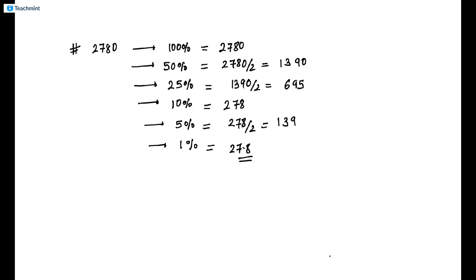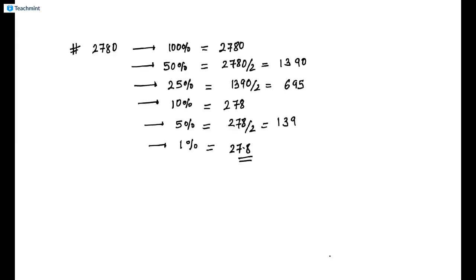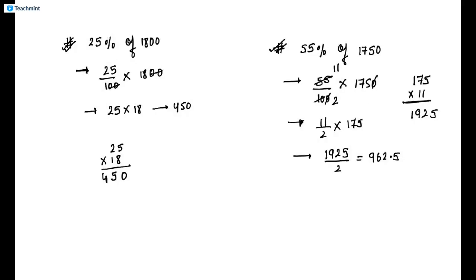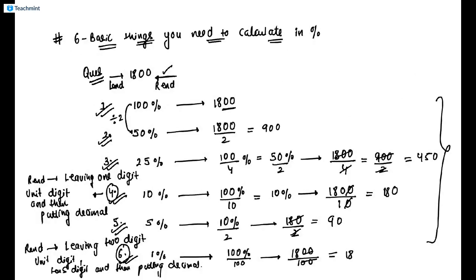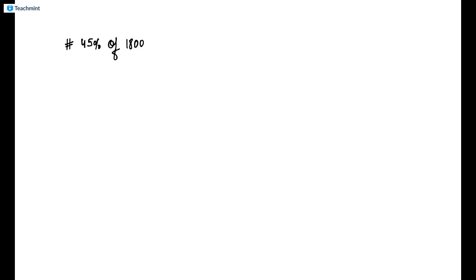So see, what is the 45% of 1800? How will you think about that? Generally, since your childhood, you were just multiplying. Now, why have I taught these six methods? To apply them, because it is easy to calculate in the mind.